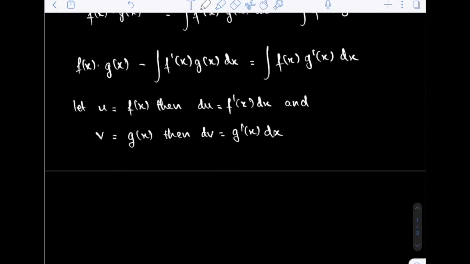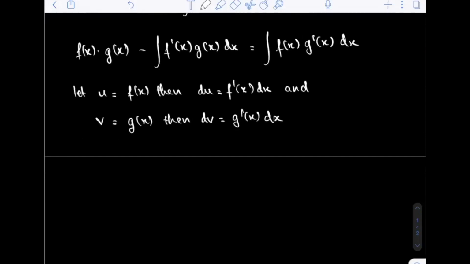So instead of writing f of x and g of x, I'm going to use u and v. So u is equal to f and v is equal to g. So I have u times v minus the integral of, f prime dx is equal to du, and g of x is equal to v, so v du equal to the integral of, f of x is equal to u, and g prime of x dx is equal to dv.